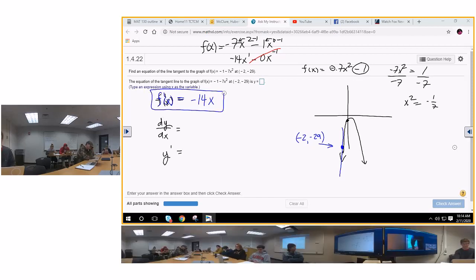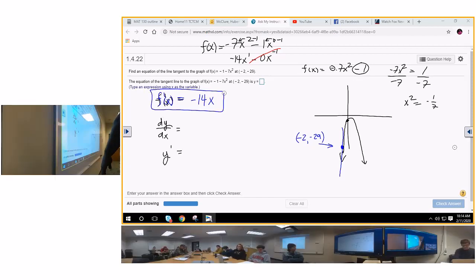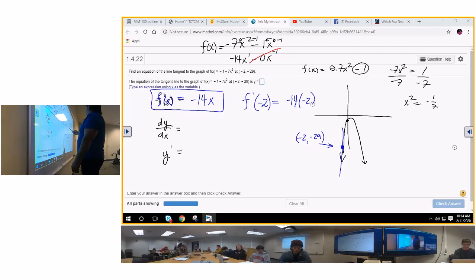Now, they may ask you one more thing. What is the slope at -2? So they'll say f prime of -2 is equal to what? -14 times what? -2. And what is -14 times -2?